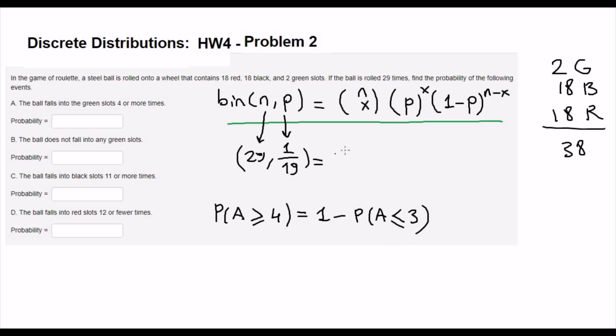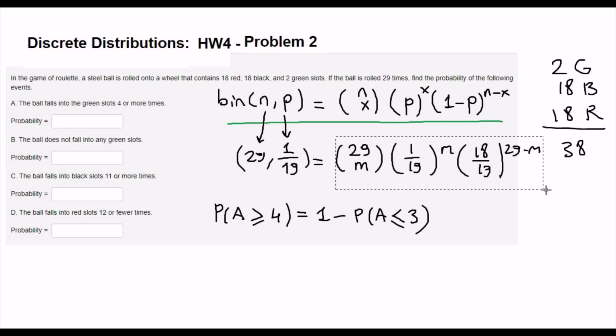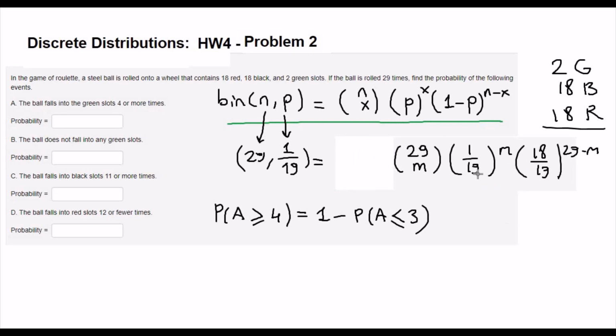So here we can apply the binomial formula. We are choosing out of 29. Let's choose M because we tried 29 times, and 1 over 19 is our probability to the M, and failure is 18 out of 19 to the 29 minus M. However, we need to sum this up and subtract it from 1 because we are using the complement.